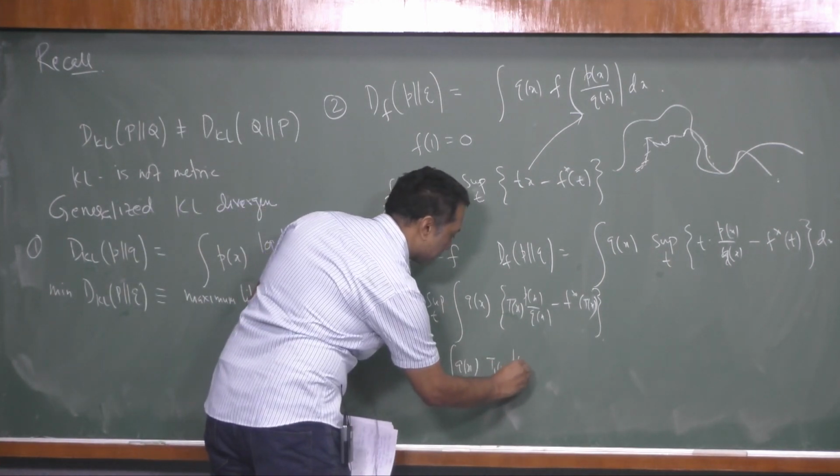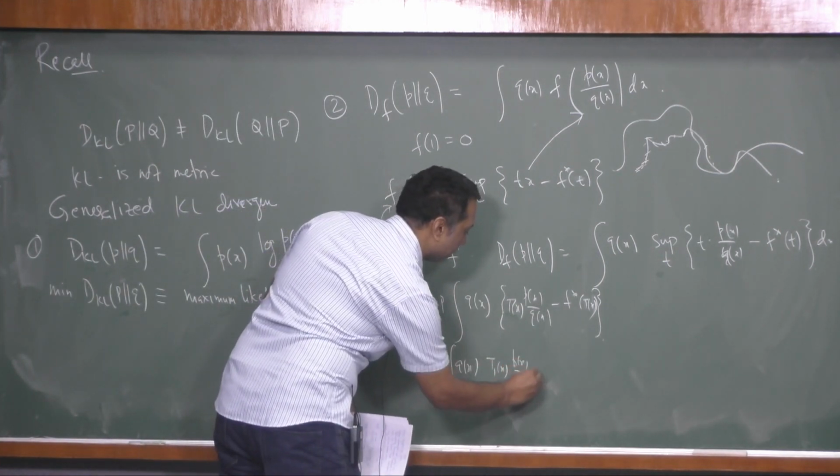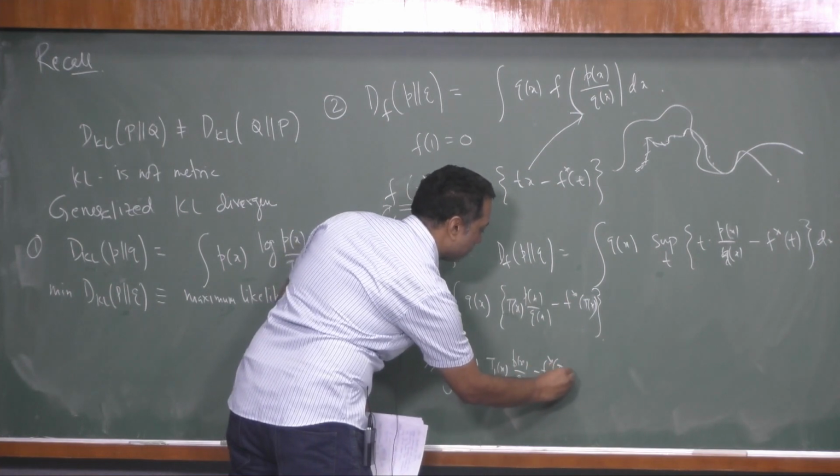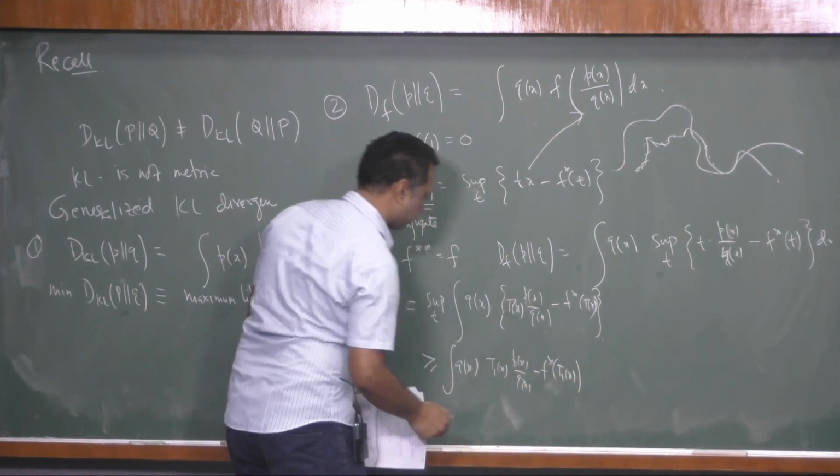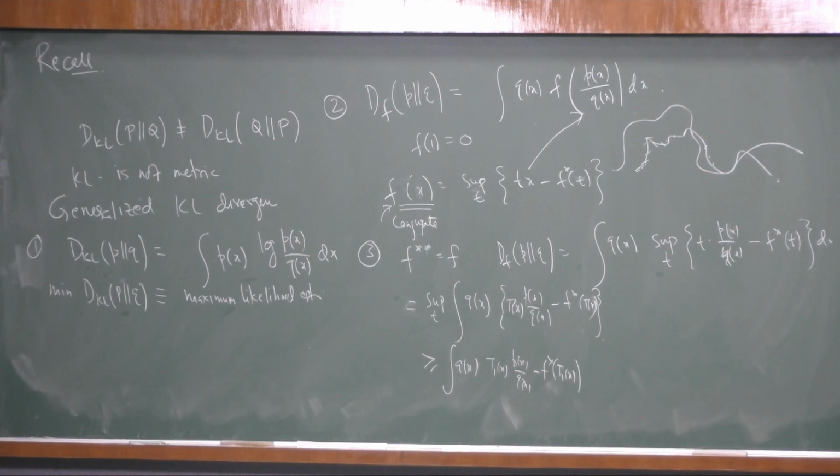So this is like px qx minus f star t1x. This introduction of t has created a variation for me which will make things tractable. So today our goal is to have a practical idea out of all this.